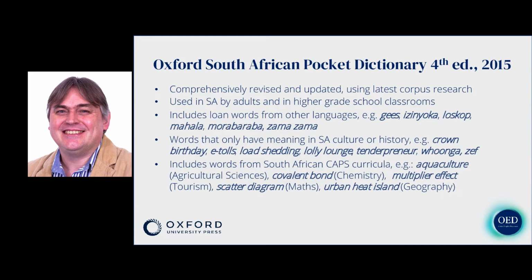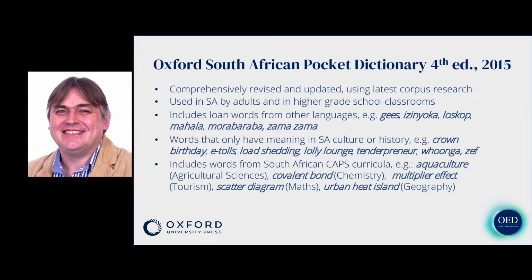But we augmented that with the latest corpus resources and research we had available at the time, as this dictionary's development really coincided with a bit of a bloom period for us at OUPSA in the way that we could use corpora and align our use of corpora with what was happening at our main branch in Oxford.